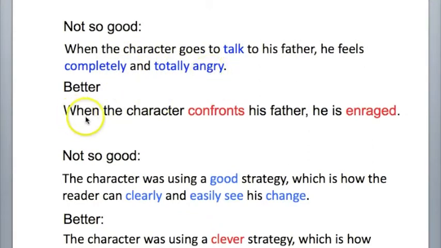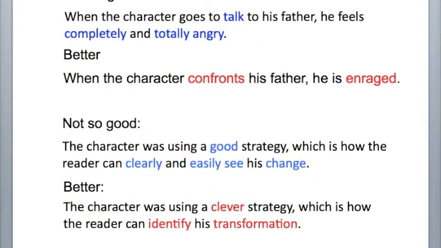So here's a better one. When the character confronts his father, talk is fairly vanilla, confront much more spicy. He is enraged, which is a much more powerful verb, and then of course you don't need the words completely and totally. And again, another example, not so good: the character was using a good strategy, which is how the reader can clearly and easily see his change.